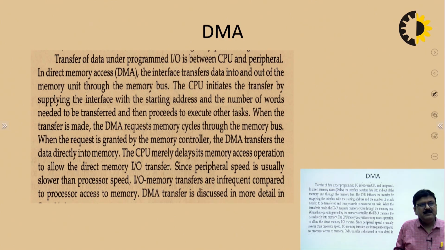So the CPU merely delays its memory operation to allow direct memory access, since peripheral speed is usually slow compared to processor speed. Input-output transfers are infrequent compared to the processor's memory operations. These are the drawbacks of programmed input and interface. In the case of DMA, the CPU is totally free after handing over the buses to the DMA.